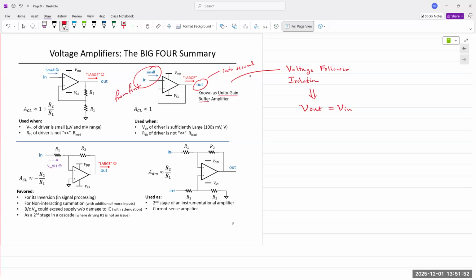So it isolates the two, because the power to run the op-amp comes from the power rails. Any current being supplied by this isolation buffer is coming from the power rails, not from the first circuit.